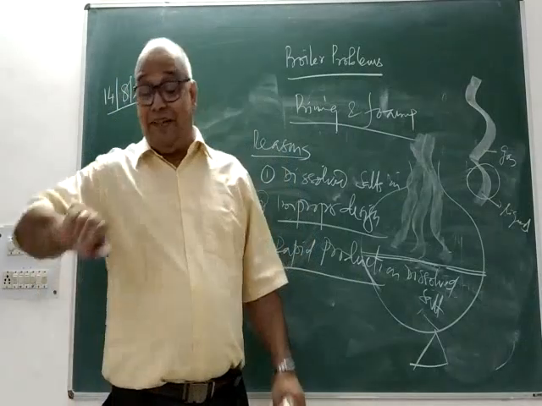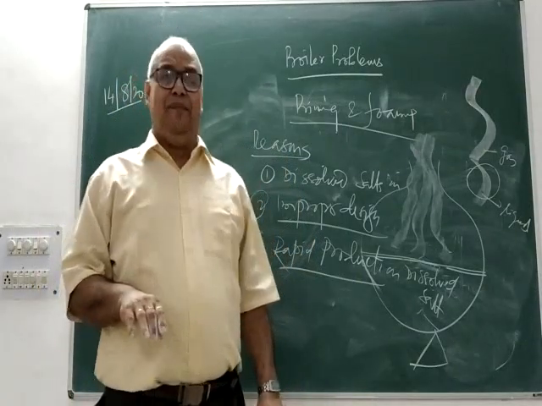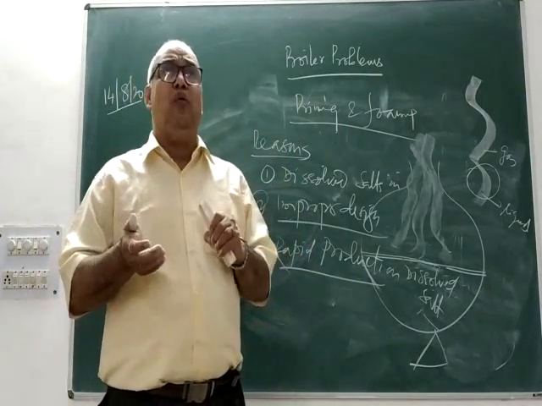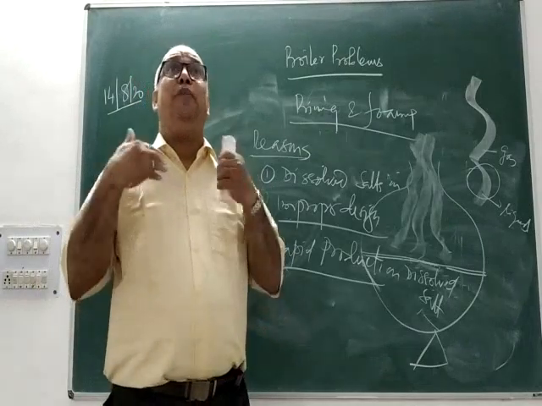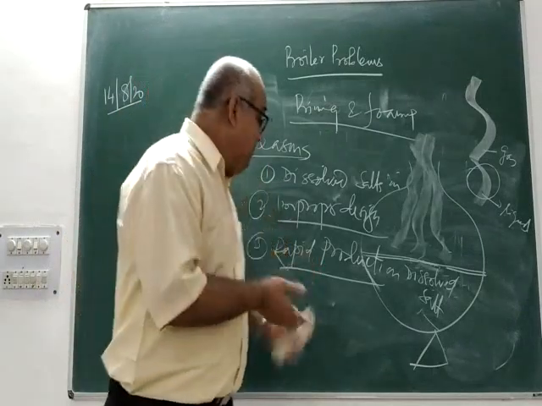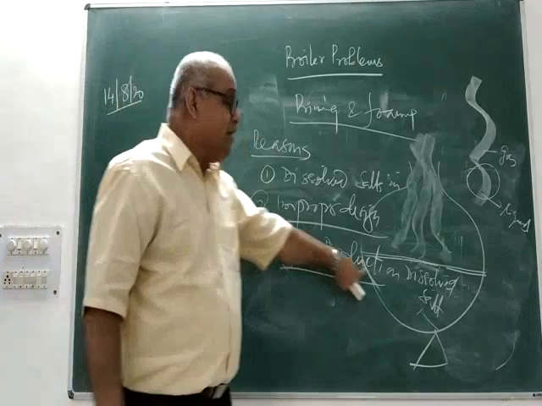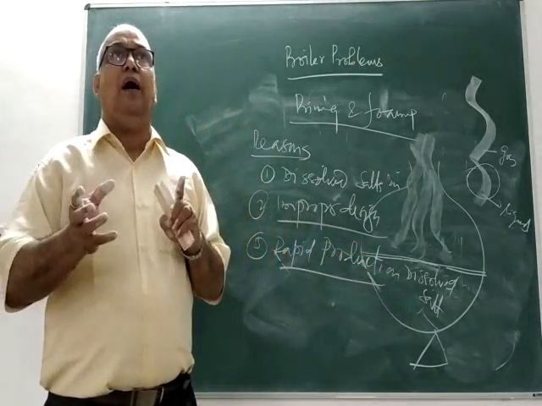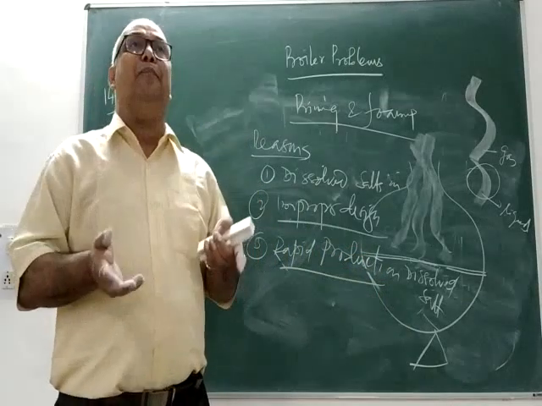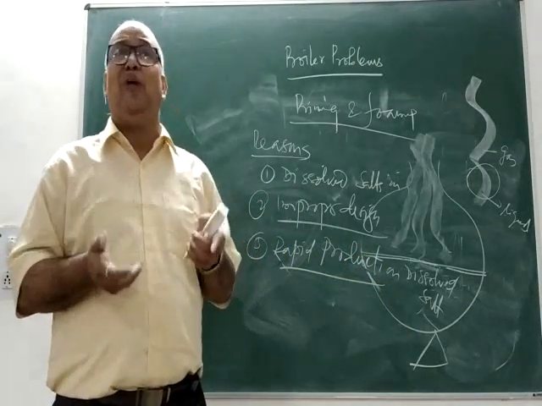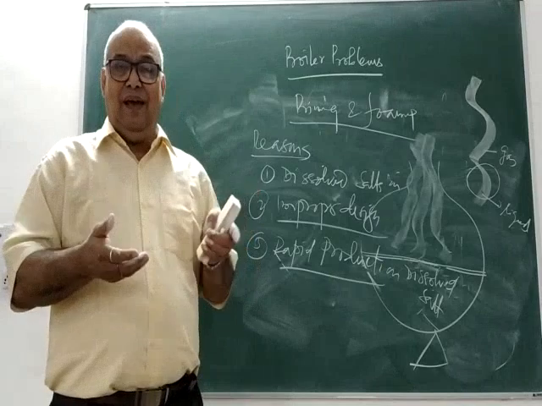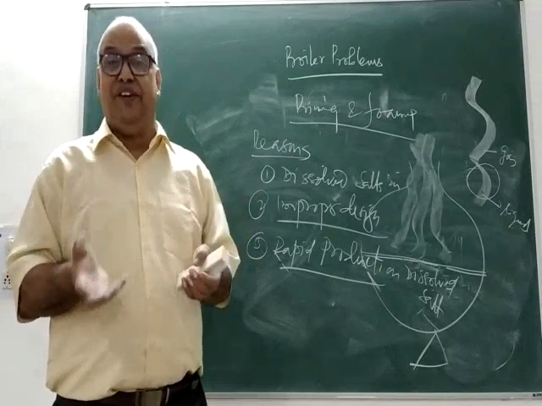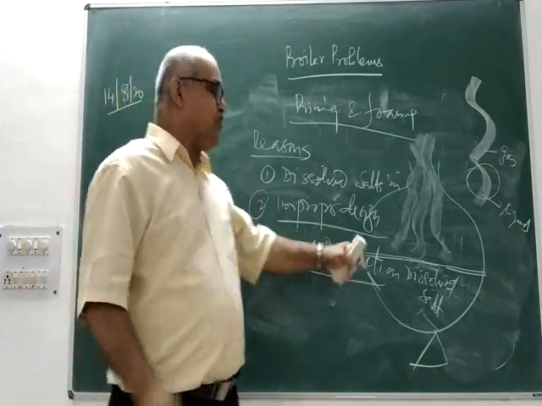But suddenly, if you increase the flame, jumping of the water bubbles will increase and they will be jumping like anything. This is known as rapid production. Because if we want to produce more steam in a short time, we have to increase the energy density, and this is what is known as rapid production.